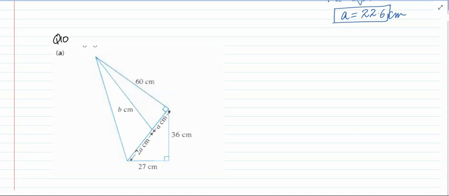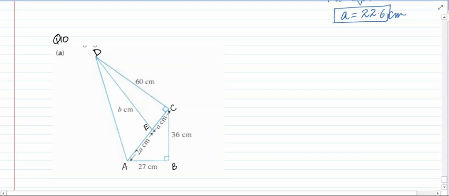Now you will see that in this figure also there are two right angle triangles, although you can say that triangles are more than two. At first I am going to label this triangle A, B, C, D, and point E. So that is all the points mentioned.